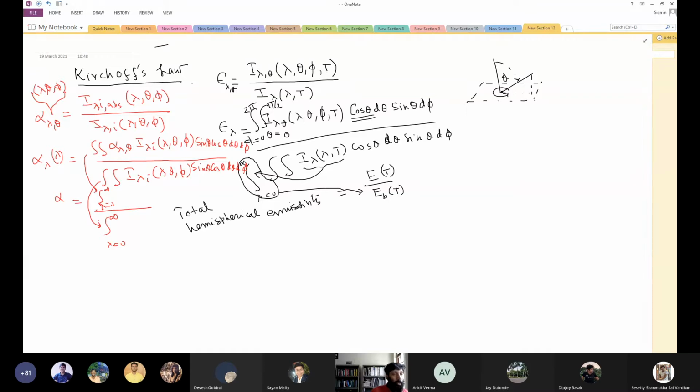Note carefully these three quantities. One is alpha lambda theta, which is spectral directional. Another is that quantity integrated over the hemisphere, so it remains spectral but its directional feature is lost. Again, it is integrated over the entire hemisphere and lambda, so it's the total quantity.